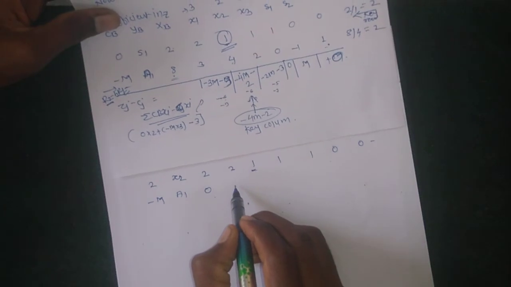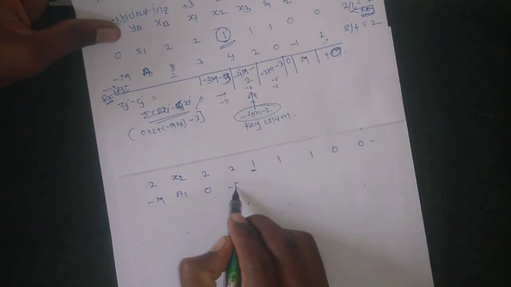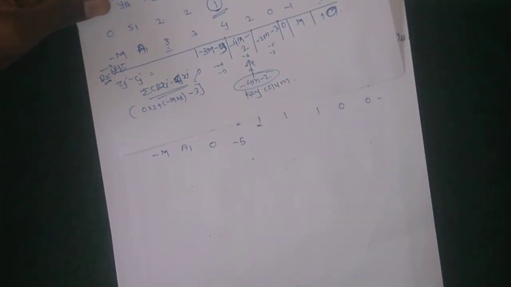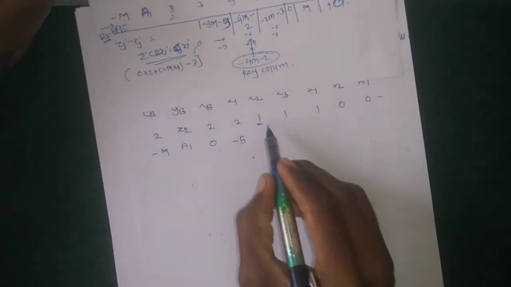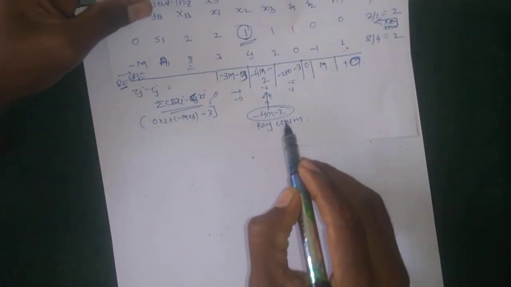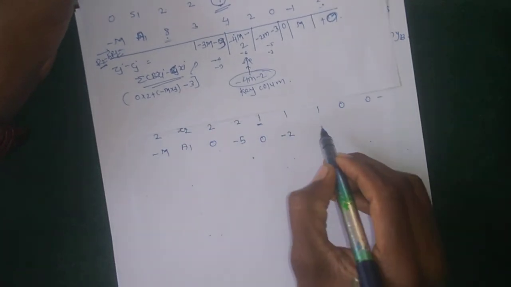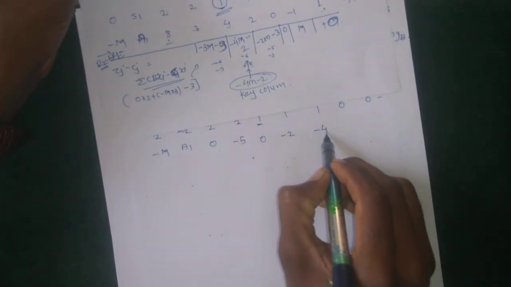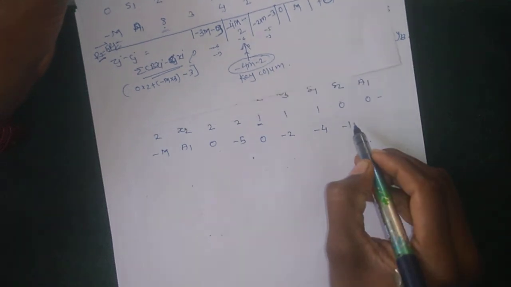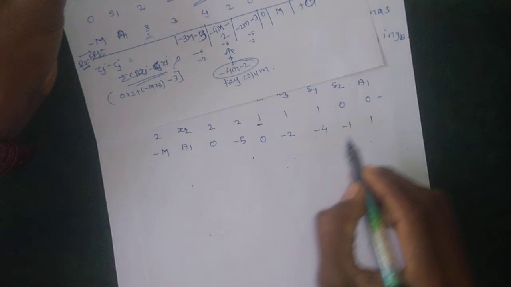Then 3 minus 8 is minus 5. 4 minus 4, 0. Then 2 minus 4 is minus 2. Then 0 minus 4 is minus 4. Then minus 1 as it is. Then 1 minus 0, 1 as it is.